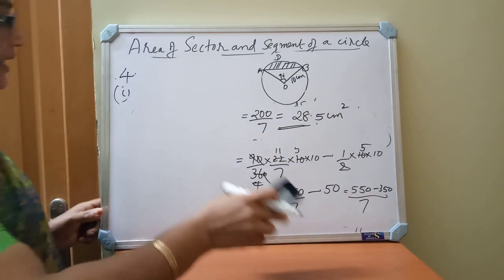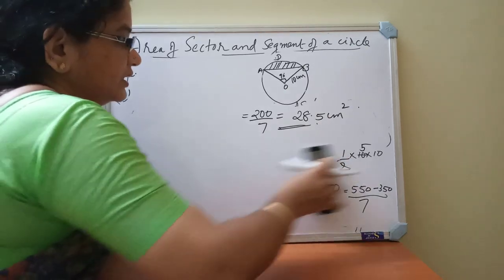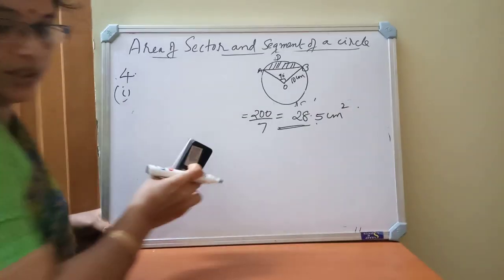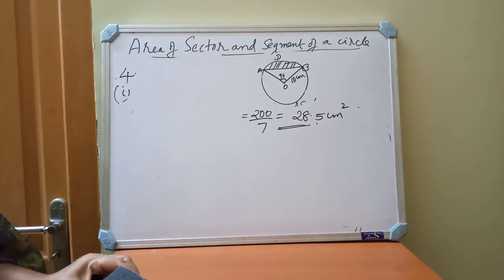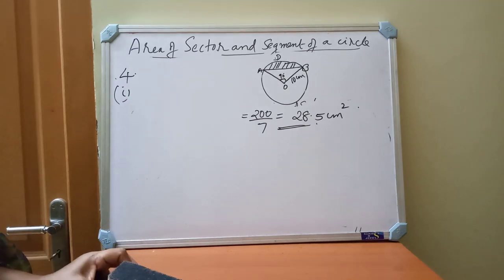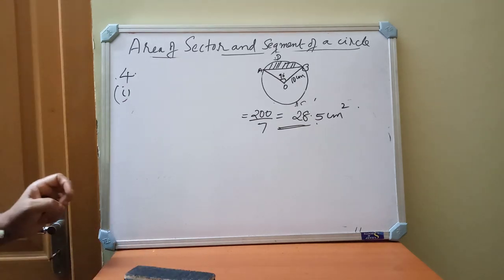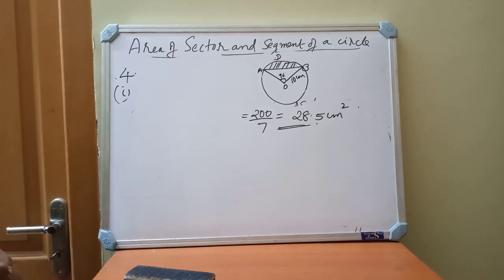Next, what is the second part of the question? Second part, they ask you to find out the area of major sector, isn't it? So listen, here they ask you to use the pi value as 3.14 for major sector. Okay, so we can use both as 3.14. We will get more or less the same value for the final solution also. No problem with that.